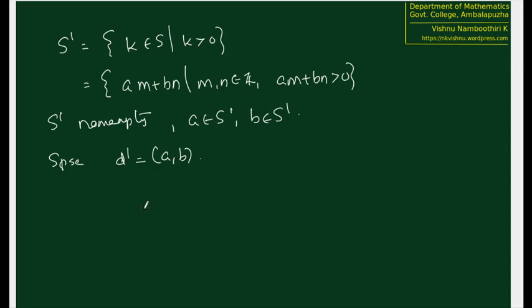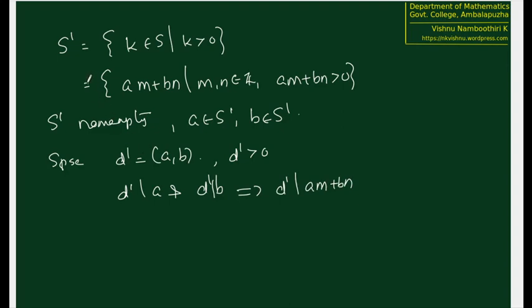That is, we need to show that D prime is in S. But just observe one thing: if D prime is the GCD of A and B, then D prime divides A and D prime divides B. D prime is already greater than 0. It divides A and divides B, so it divides AM plus BN also.